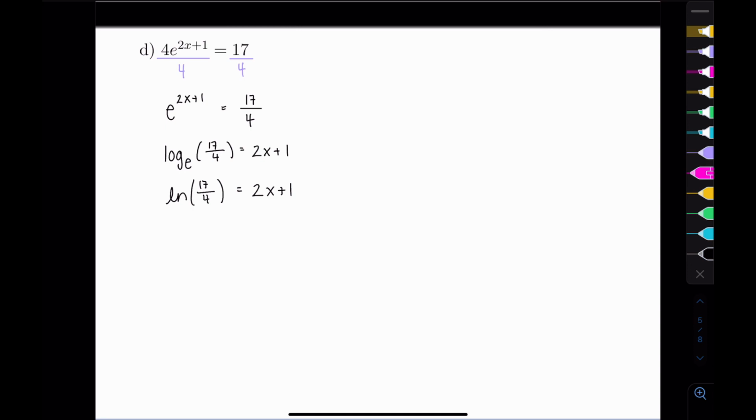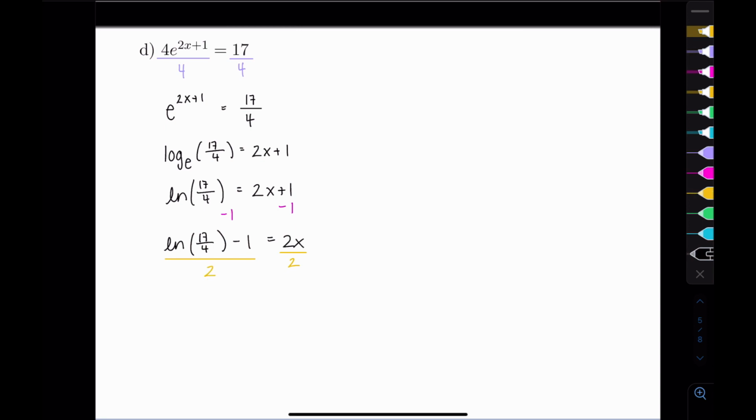And then to get x by itself, we've got to subtract 1. So this is natural log of 17 over 4 minus 1 equals 2x. And then finally, we're going to go ahead and divide both sides by 2.